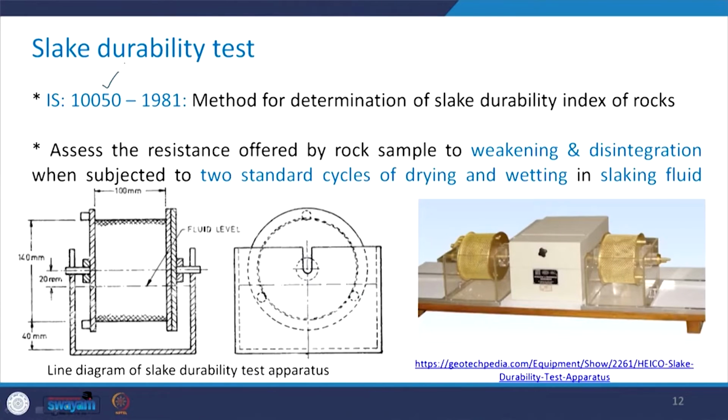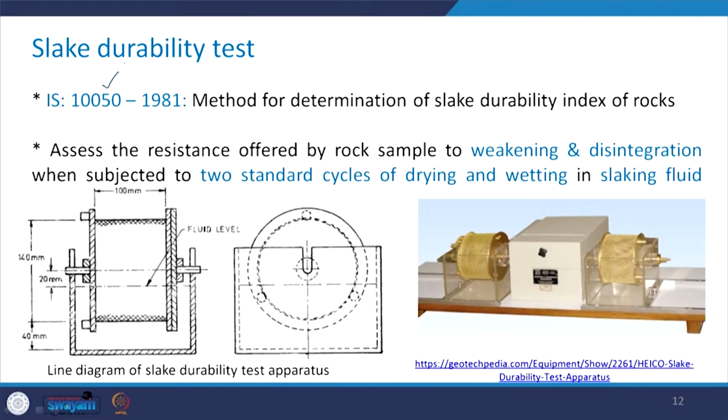The relevant IS code for Slake durability test is IS 10050, and it gives us the idea of how to determine the Slake durability index of the rocks. So, first of all, let us understand what do we get from this index? Why are we conducting this test?